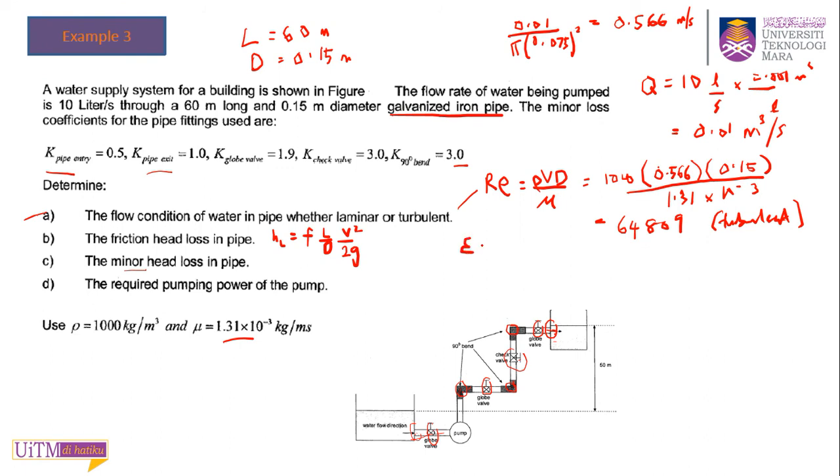So roughness is 0.15 millimeter. Remember, it's millimeter. And your D, the diameter of the pipe, is 0.15 meter.